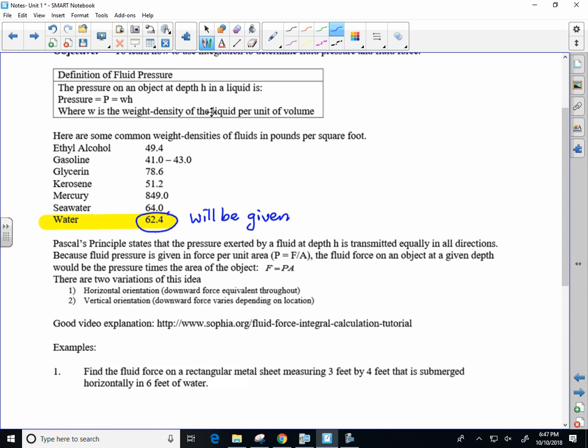Right? Pressure equals W times H. W is the weight density, and H represents the height or depth. It could be going up or going down, but if we're talking about a fluid, I can't physically conceive of a situation where I would be submerging in an upward direction.